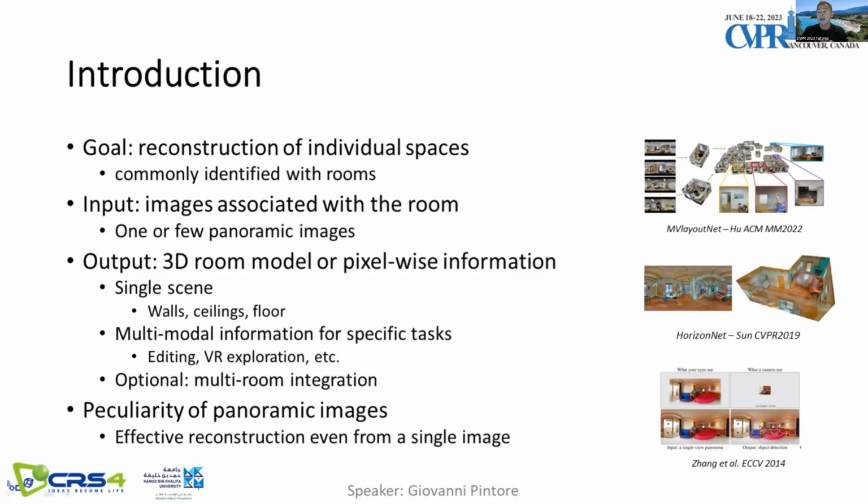These outputs can eventually be combined across different rooms to model more complex environments, as we'll see, for example, in the next session after the break. A specific property of panoramic images is that reconstruction can be done just from a single image, so that most of the methods in the literature are of this type.